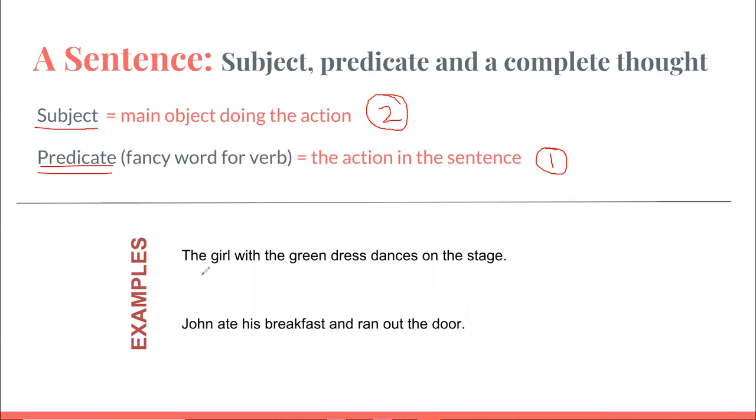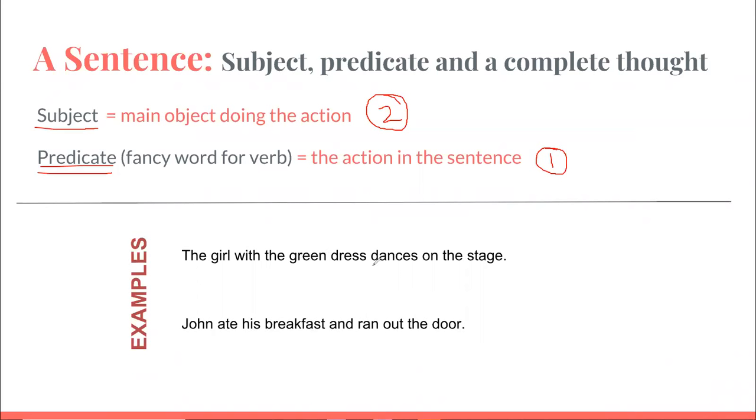So what we have is: the girl with the green dress dances on the stage. I'm going to ask myself, what is the action? Because there are several objects in here: girl, dress, stage. Those are all things, so they're all objects. But we need to figure out which one's the subject, remember, because it's the main object that's doing the action.